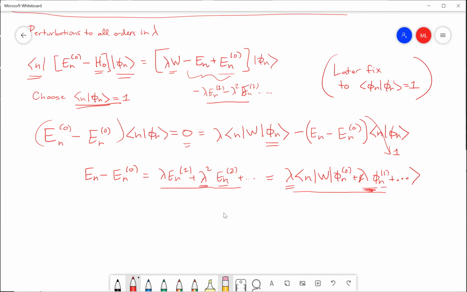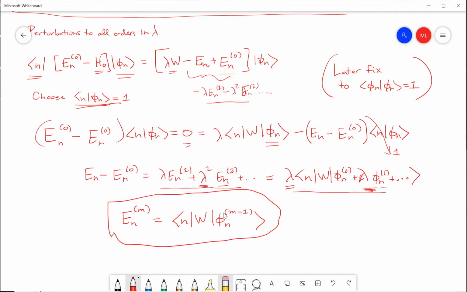So if you just compare these term by term, order by order, you'll find that the mth energy correction that corresponds to lambda to the mth power, that's just ⟨n|W dotted into the state correction that's 1 less order in lambda. And you can check that that works for the expression as I gave above. It's just a general property of perturbation theory.